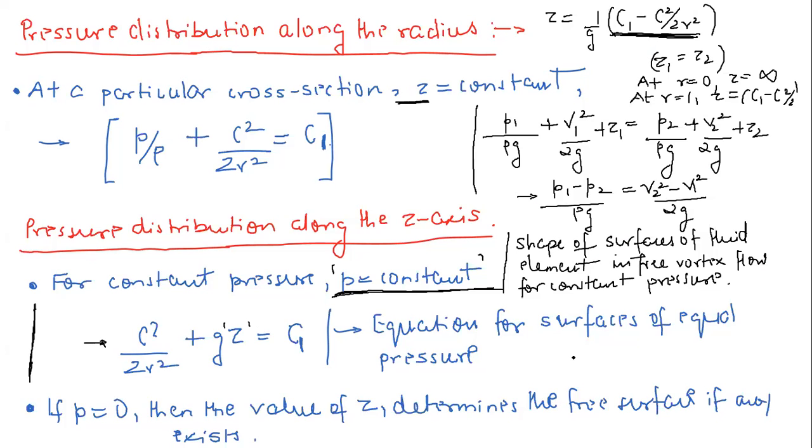So pressure is zero, or you can say P is P atmospheric. If we talk of gauge pressure, then we simply say that we are taking the gauge pressure as zero. But basically here it represents that we take the pressure as atmospheric pressure. So in that case, is this equation going to change?